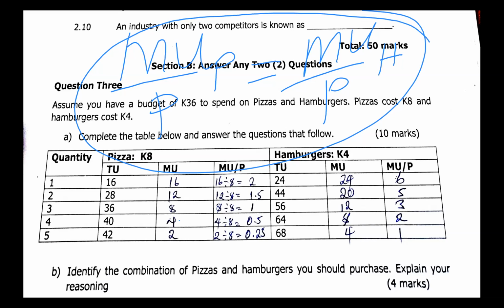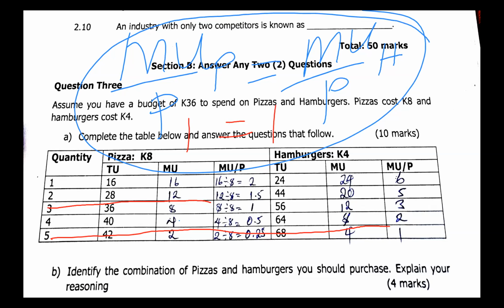So if you observed, let me just use a red marker. If you observed at unit 3 and at unit number 5, the condition is met, isn't it? Yes, sir. At unit 3, marginal utility over price of pizza is 1, and marginal utility over price of hamburgers is 1 at unit number 5. Are you following?